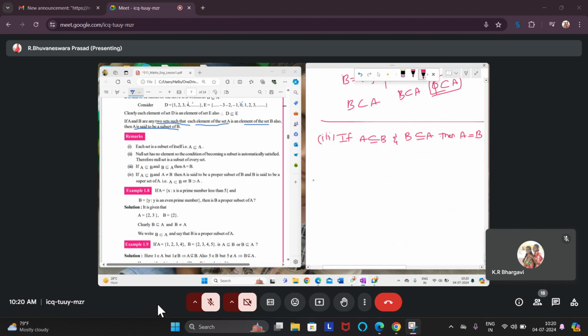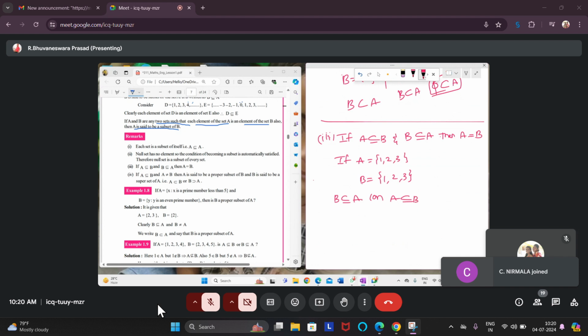If A equals 1 2 3 and B equals the same elements 1 2 3, then B is a subset of or equal to A, or A is a subset of or equal to B. So here in these two conditions B and A are equal. So B equals A or A equals B.